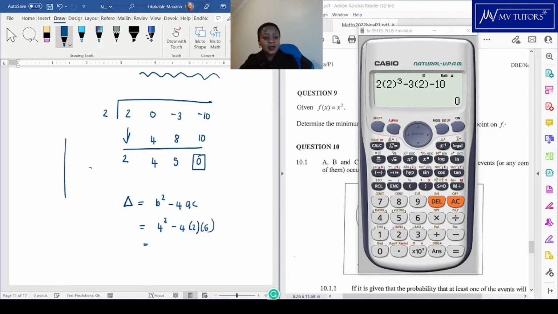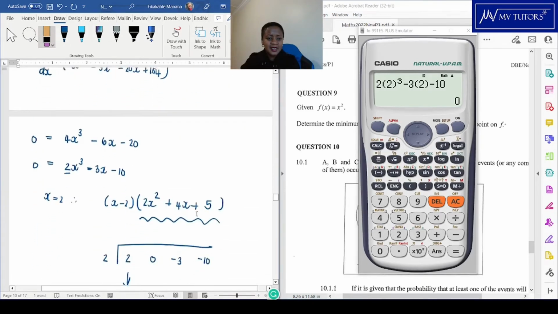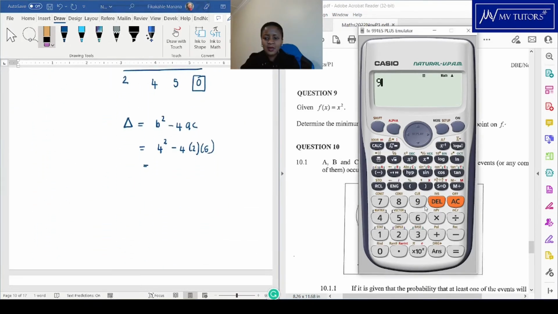So your parabola here is probably somewhere floating in the air. Okay, so let's see. So we have 4. Oh, gosh. Okay, go to the calculator. We have 4 squared minus 4 times 2 times 5.